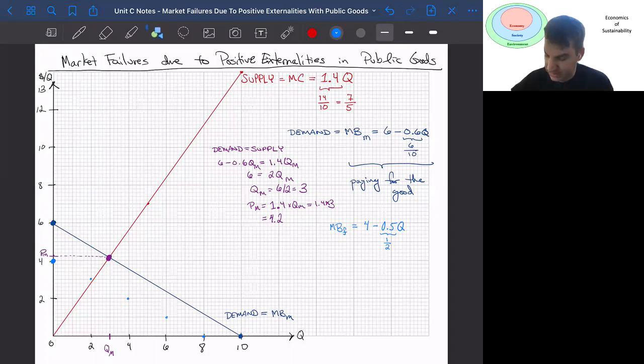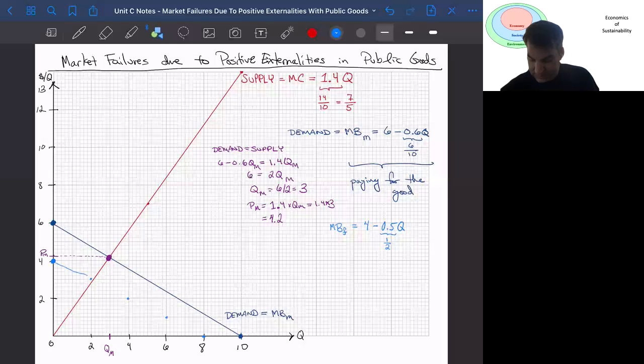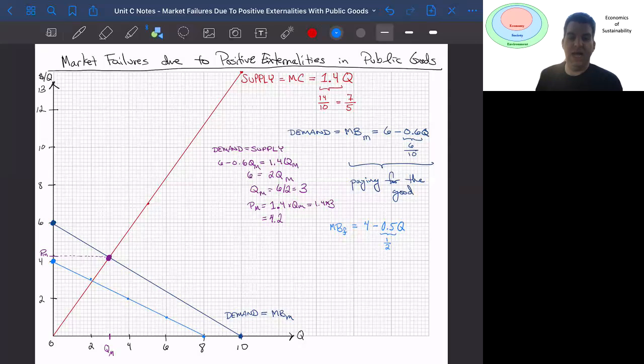I'll draw a line that connects those. There we go. I should mark that this is the marginal benefit for the freeloaders, this line right here.